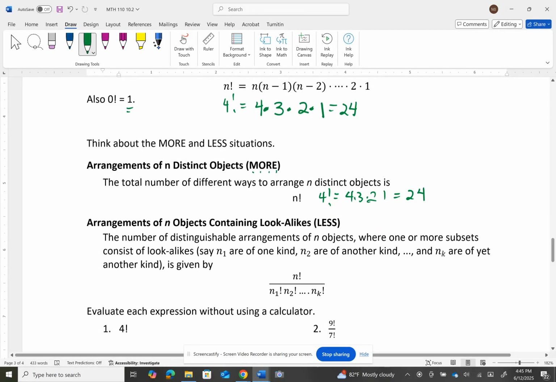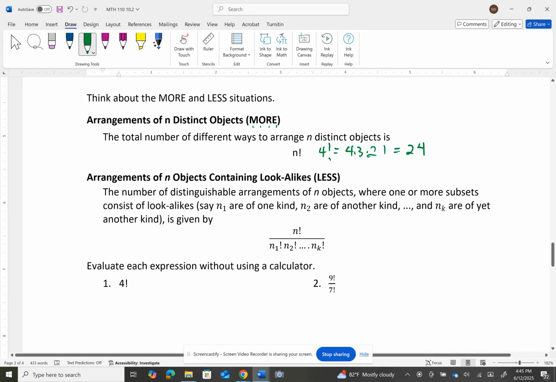But if the objects we're arranging are like L-E-S-S, where 2 letters are lookalikes, S and S, that means some of your arrangements won't really be different. They'll look the same. And we talked about that, like L-E-S1-S2 looks the same as L-E-S2-S1, so you'd only want to count it as 1 arrangement, not 2.